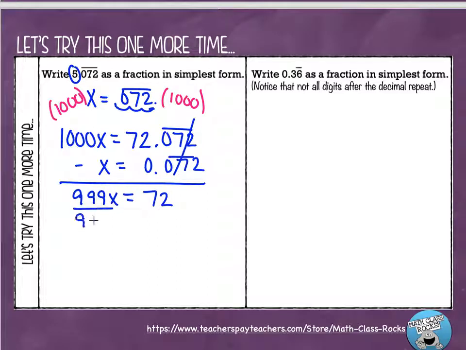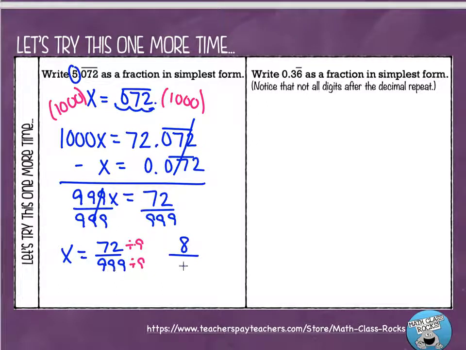I'm going to divide each side by 999. And that's going to leave me with x equals 72 over 999. Now again, I want to simplify this, right? So I say to myself, what would go in evenly to both of these? And again, it's going to be 9. 72 divided by 9 equals 8.